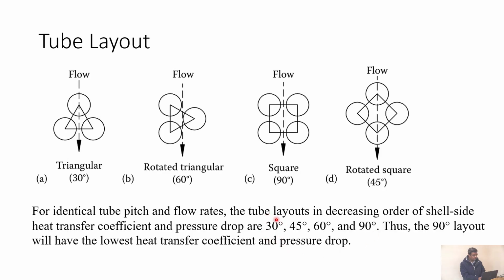So this will give you the highest heat transfer coefficient. If you go to 90 degree, which is this one, then you will get the lowest heat transfer coefficient because of bypass, not disturbing the flow enough and all that. Okay, so the 90 degree layout has the lowest heat transfer coefficient and it also has the lowest pressure drop, as you would expect, because you're not obstructing the flow much. Right.